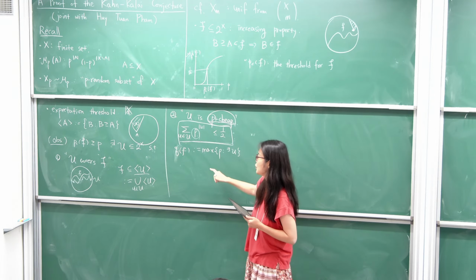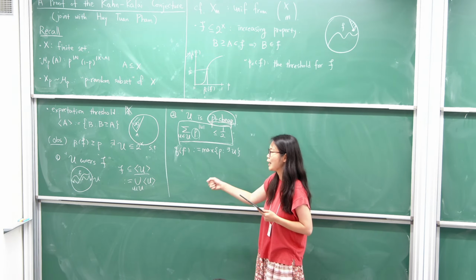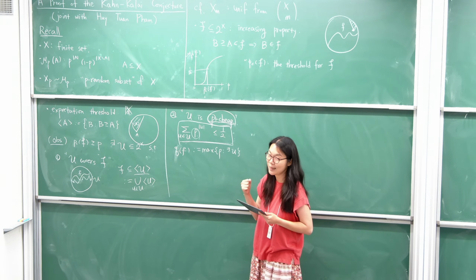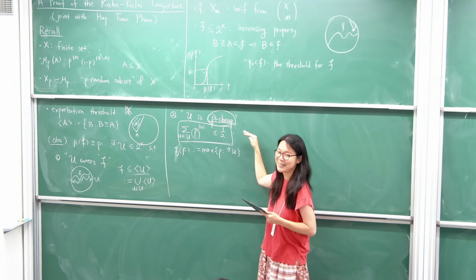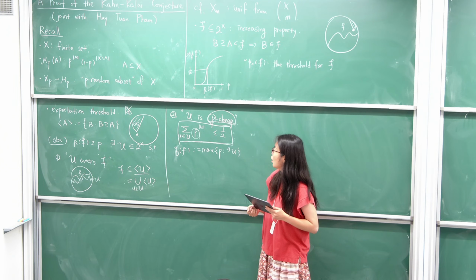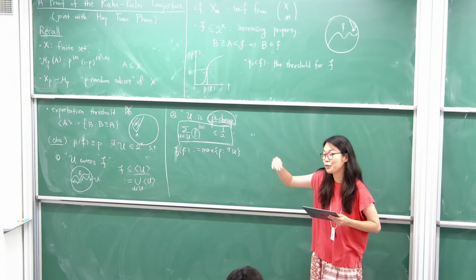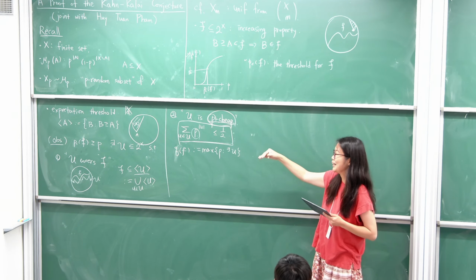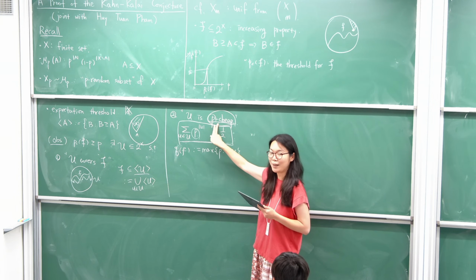And so that maximum P gives us a lower bound for the threshold. So our definition of the expectation threshold was, for each cover, we can find a good lower bound. Because we want to find a good lower bound, we will increase P. So you actually want to find a cover that's not so cheap in some sense, right? It depends on P. So we want to find the maximum P because we want a good lower bound.